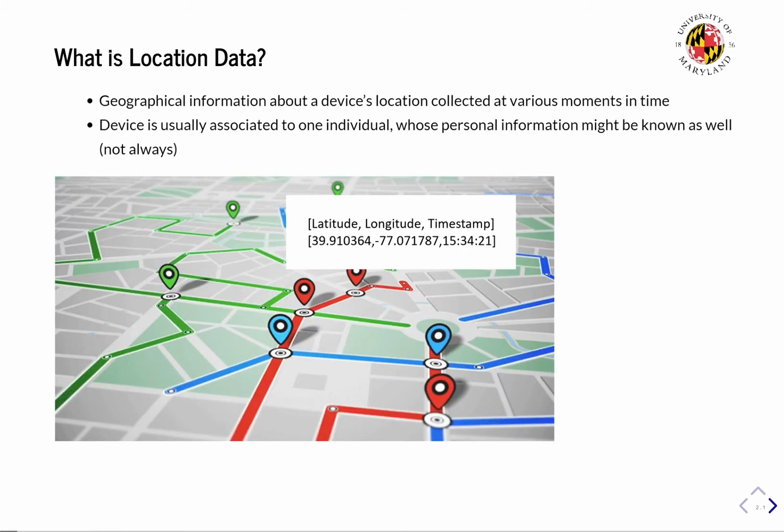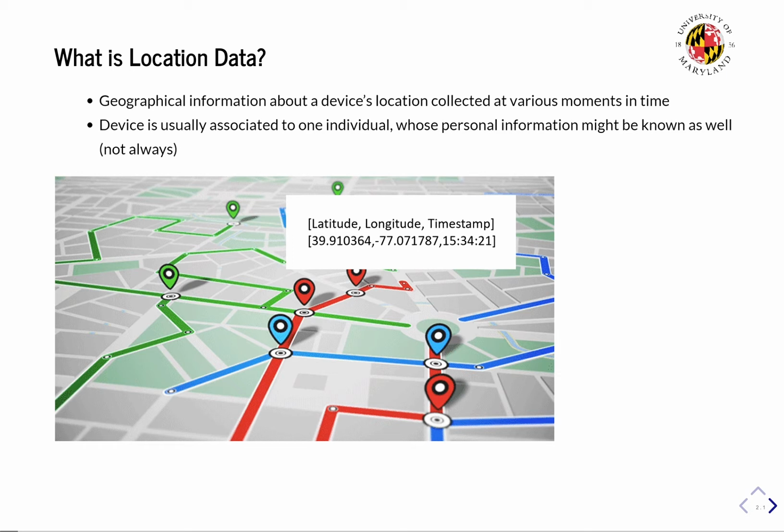Some devices collect geographical information of where the device is physically located at various moments in time. This data consists of a latitude and a longitude along with the timestamp at that instance. This is also associated with a time zone. The time zone can vary depending on how the device is configured.